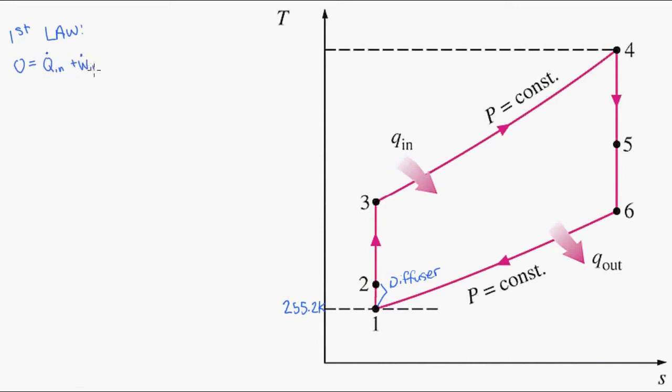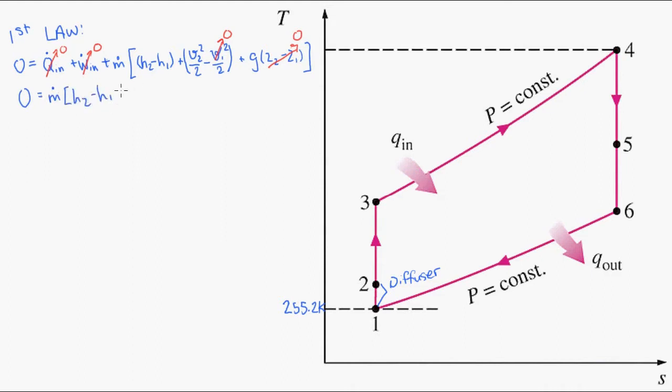We expand our equation to have all of the terms: our heat, our work, our enthalpy, our kinetic energy terms, and finally our potential energy terms. Now most of these can be eliminated because in the diffuser these values are 0. So our first law simplifies down to this equation here.